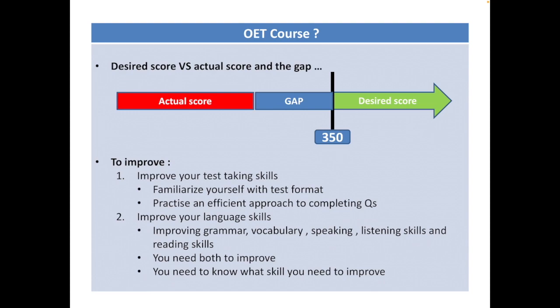Now, to improve your score and to get to the desired score, you need to improve 2 things. You need to improve your test-taking skills, and sometimes you need to improve your language skills. So, depending on your strengths and weaknesses, you need to work on your weaknesses and improve your strengths.